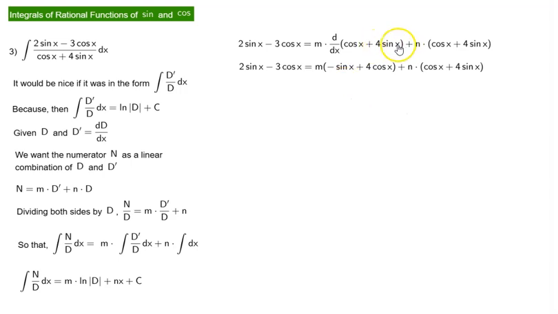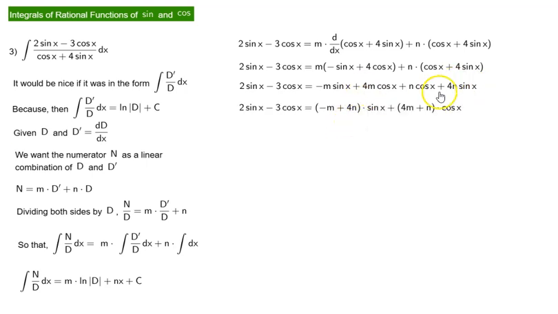Cos x plus 4 sin x, derivative is minus sin x plus 4 cos x. So we have 2 sin x minus 3 cos x is equal to m times minus sin x plus 4 cos x plus n times cos x plus 4 sin x. Let's open up the brackets. We get minus m sin x plus 4m cos x plus n cos x plus 4n sin x.